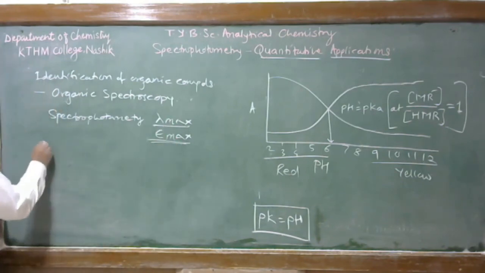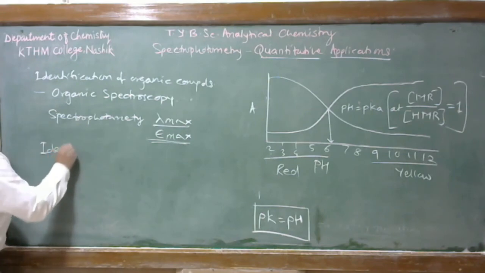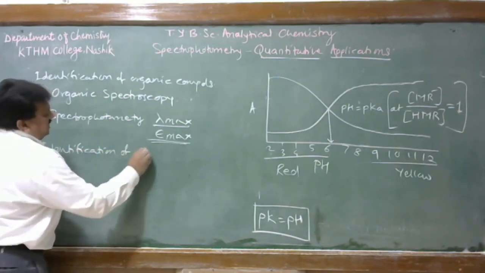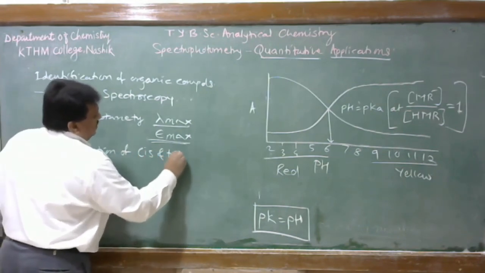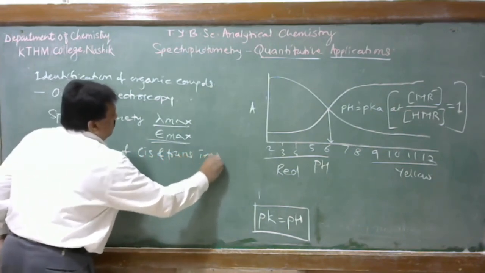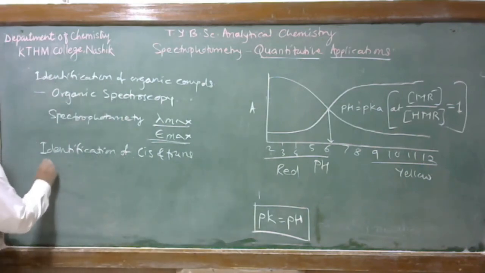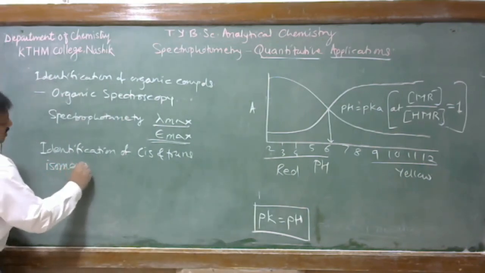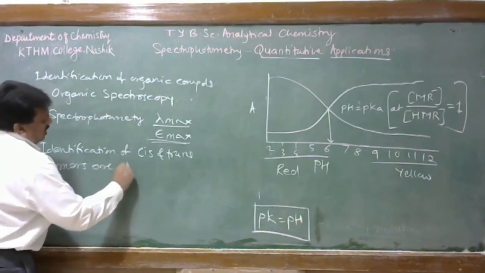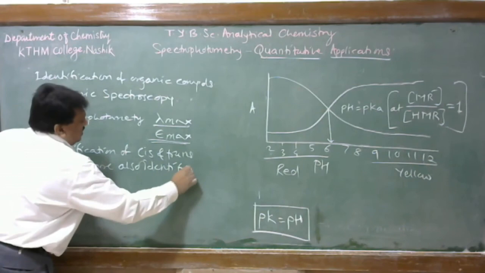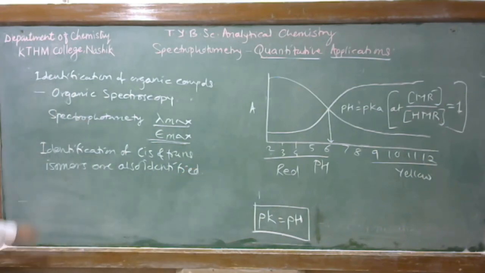Similarly, the identification of cis and trans isomers is also done by spectrophotometry.